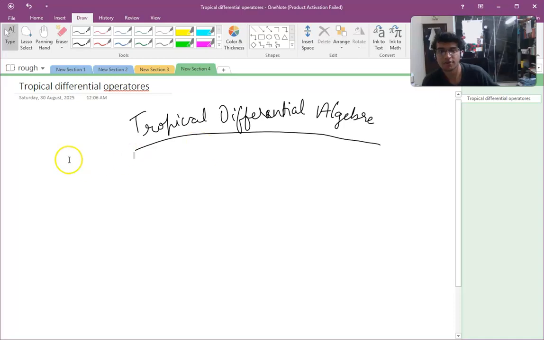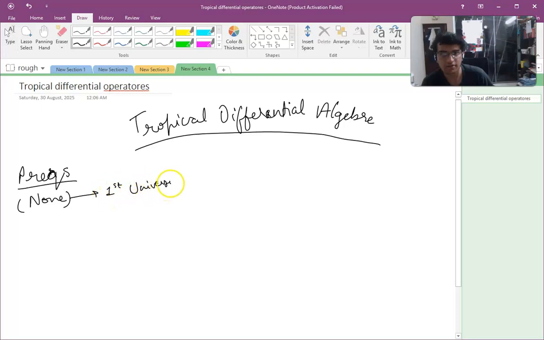The prerequisites for this project are mostly none. If you are a university student, say first year, or if you just have some basic engineering math knowledge, that is sufficient.